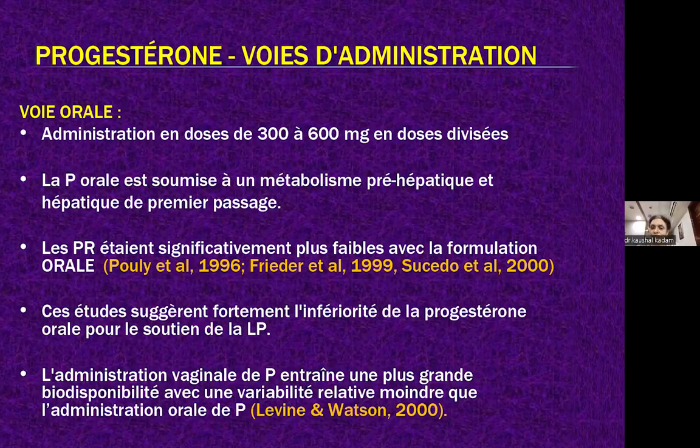Vaginal administration ensured a much greater bioavailability and less variability. But there have been enough papers recently that have shown that oral dydrogesterone is equally good when administered in high doses of 30 to 40 milligrams daily, and has helped to achieve pregnancy rates that are similar to those with vaginal and intramuscular preparations.